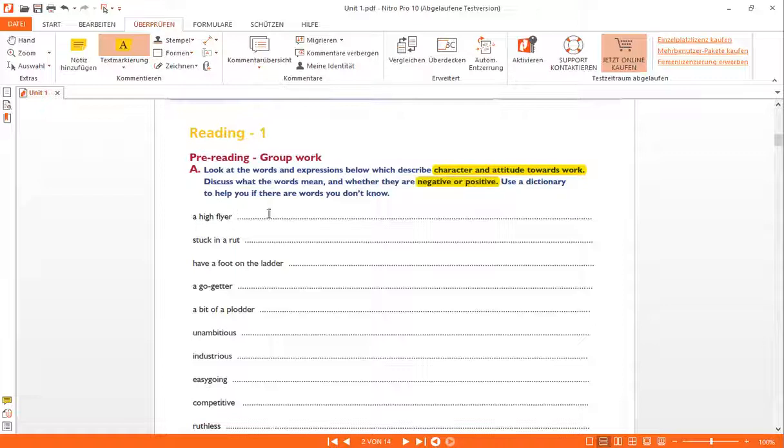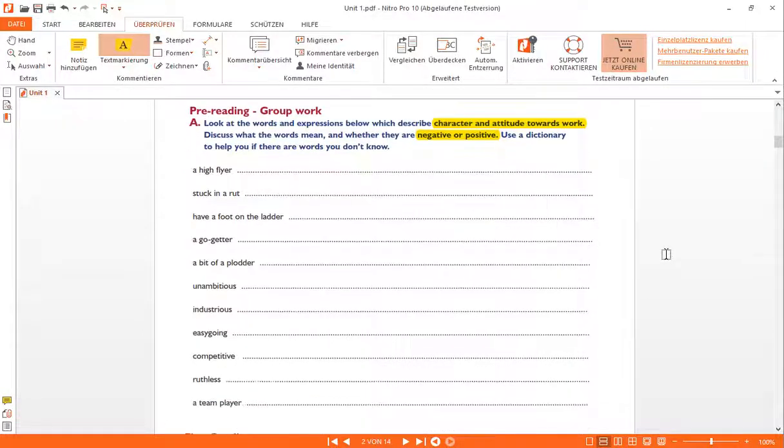What could a high flyer mean? Flyer from the word to fly, and to fly high, all right? That is obviously a positive thing. And a high flyer is basically somebody with great ambitions, great goals, and would like to achieve a lot.